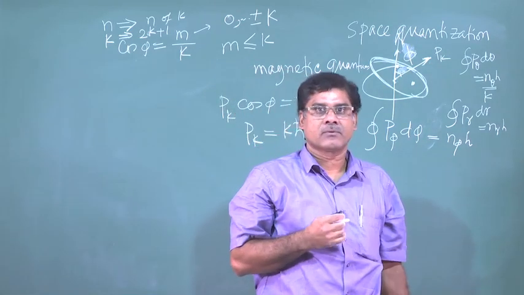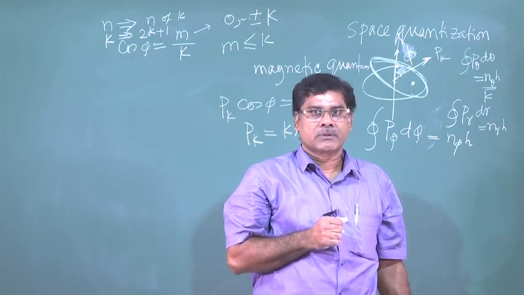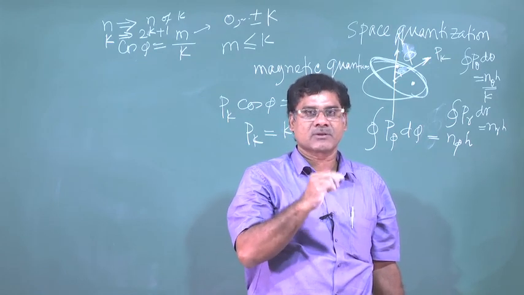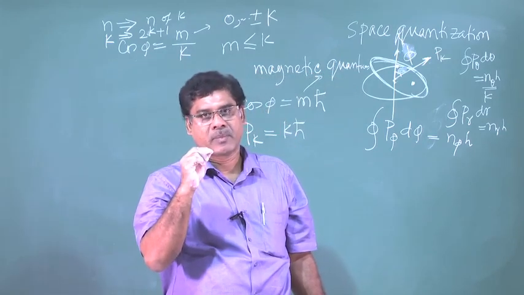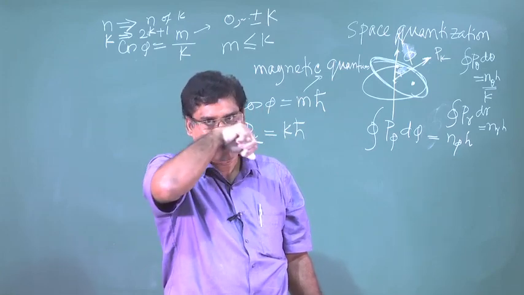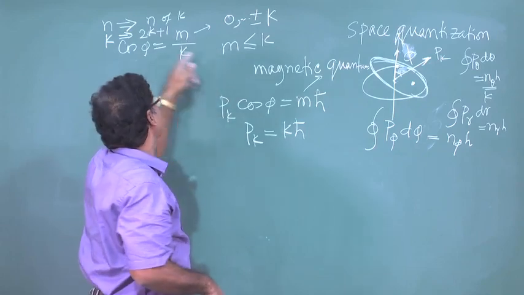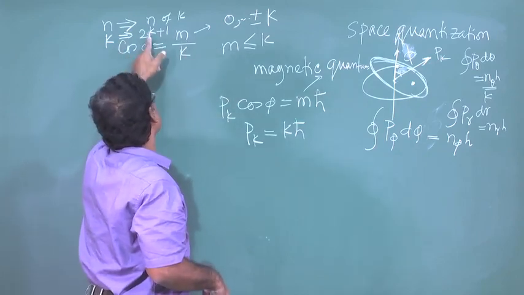Say k equals 2. So that means -2, -1, 0, +1, +2. That will be the values of m. So we will get 5 values for k equal to 2.